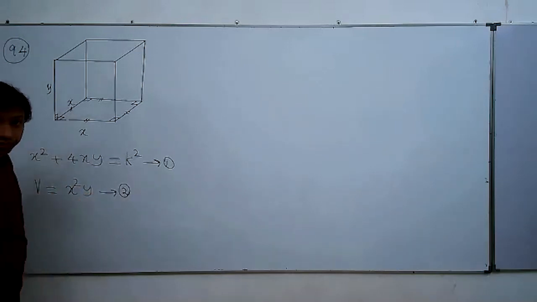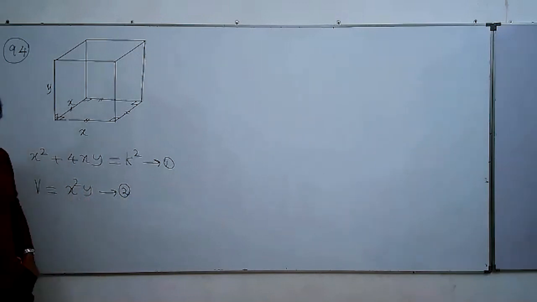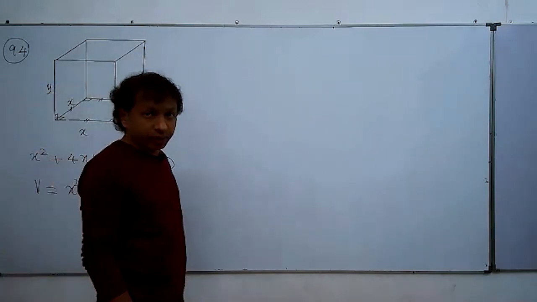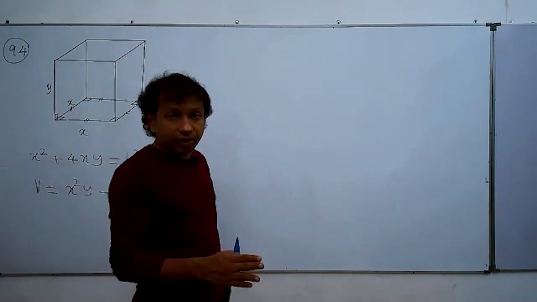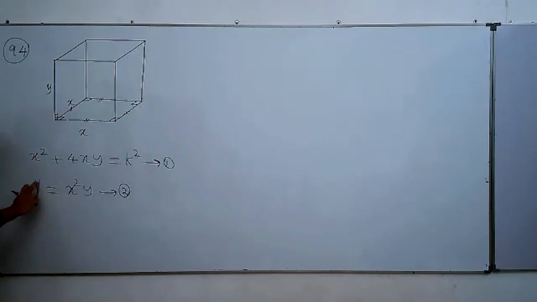Now you can very clearly understand this volume V of the box depends on x and y. Sorry, not area, volume V is a function of both x and y. There are two variables on the right hand side.